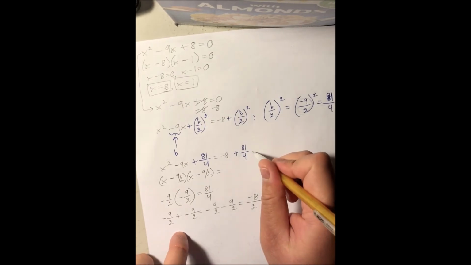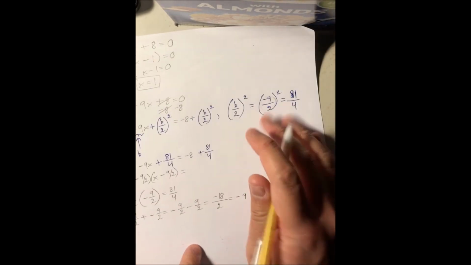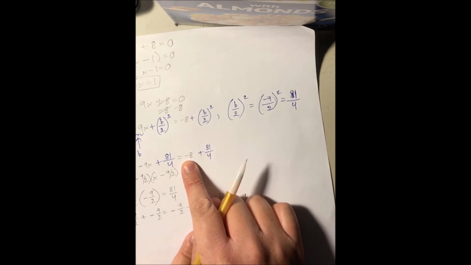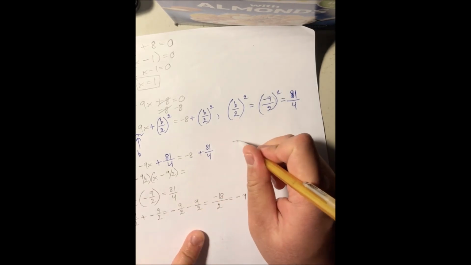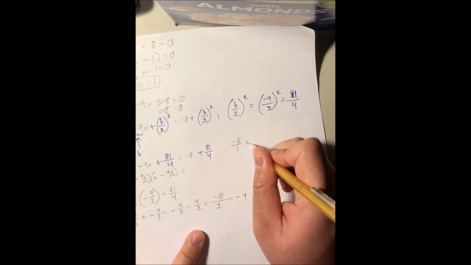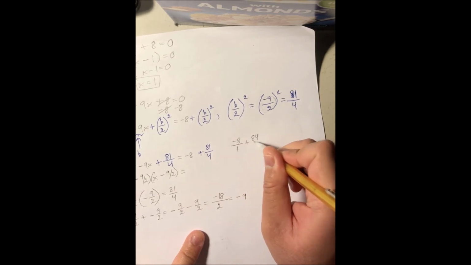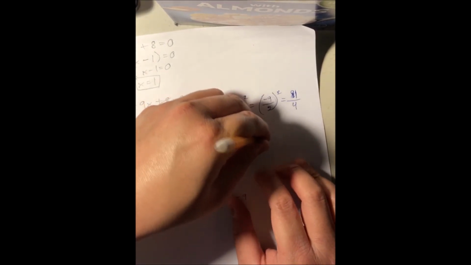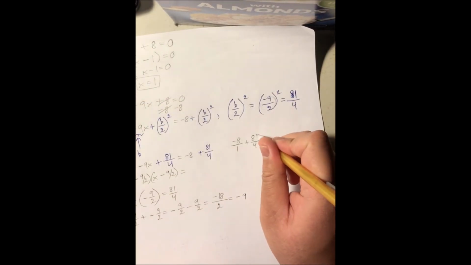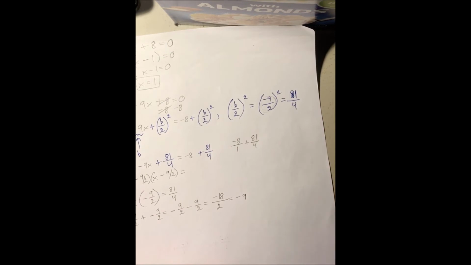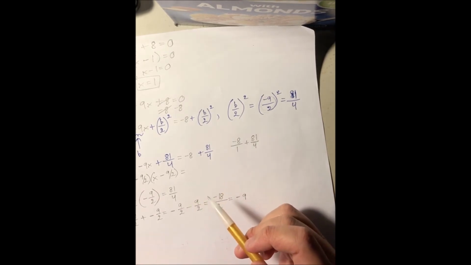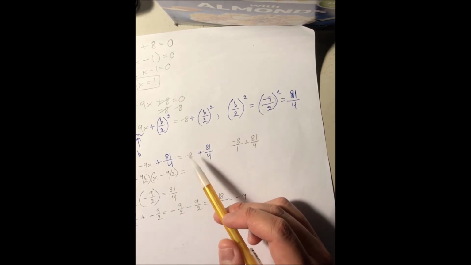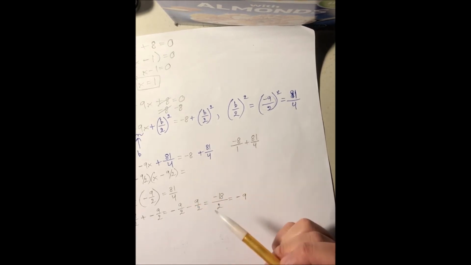What about the right-hand side? Well, the right-hand side, I got negative 8 plus 81 over 4. Any number by itself is the same as itself divided by positive 1. So because we're adding a whole number with a fraction, it is better to write that whole number into its fractional form.